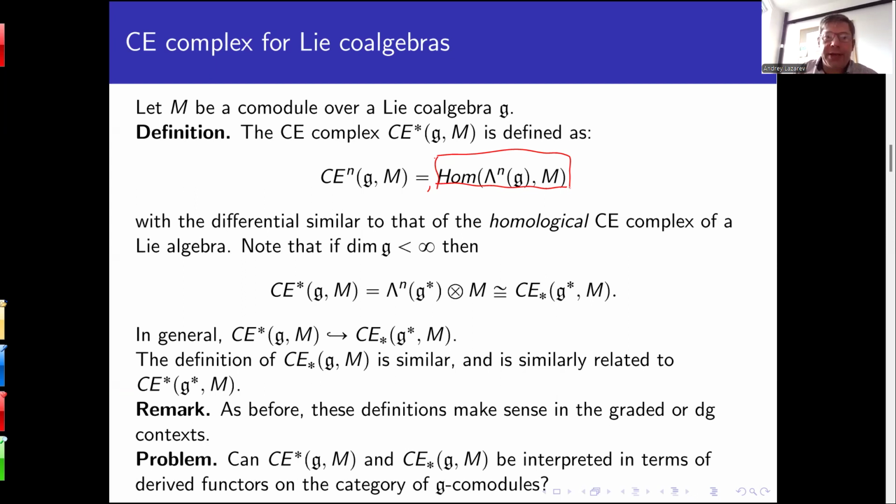In the case when G is general, that is to say not necessarily finite dimensional, the graded vector spaces underlying the complexes will not coincide, but they will be similar. One of them is actually a graded subspace of the other, and the differential can be defined so that they agree.